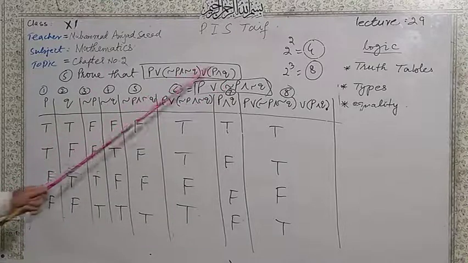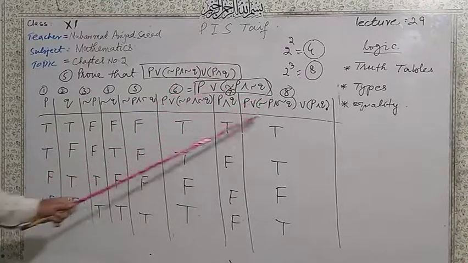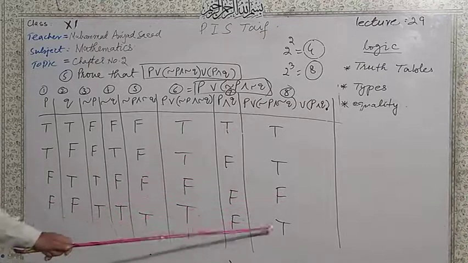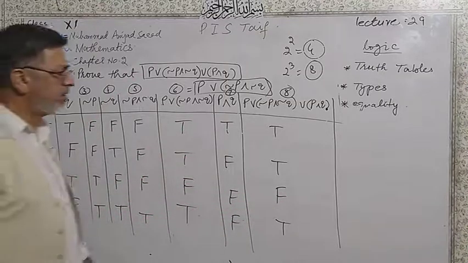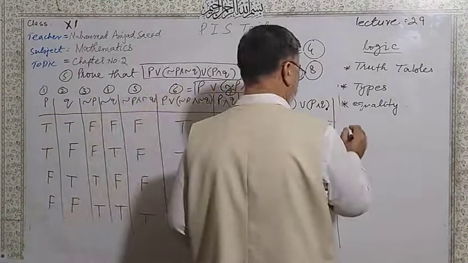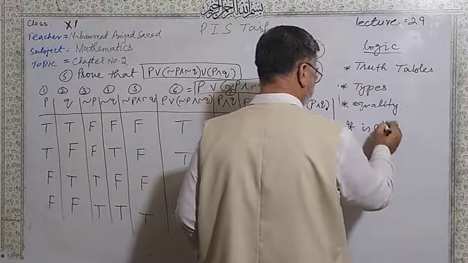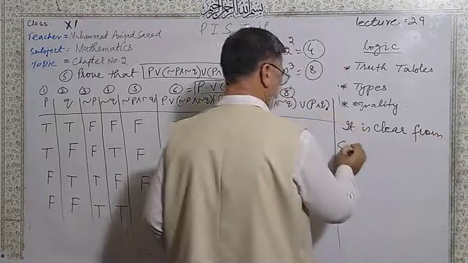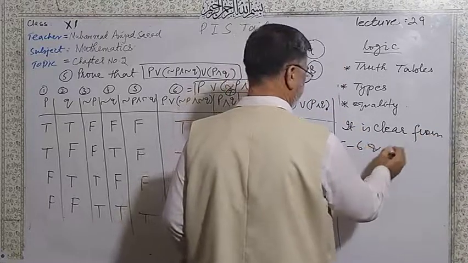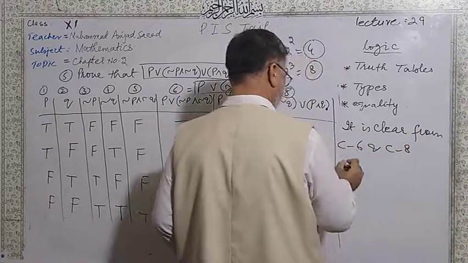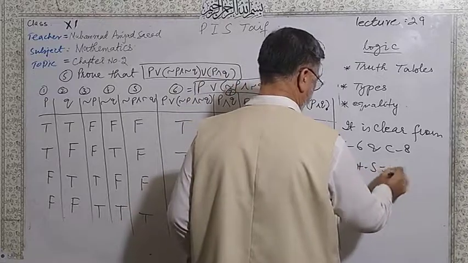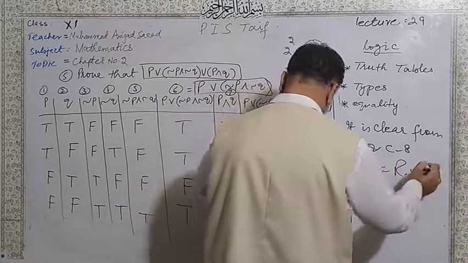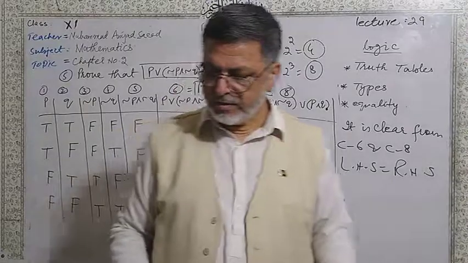From column number 6 and 8 you can check T and T, T and T, F and F, F and F. It is clear. From column number 6 and column number 8, left hand side is equal to right hand side. In this way, we can check that.